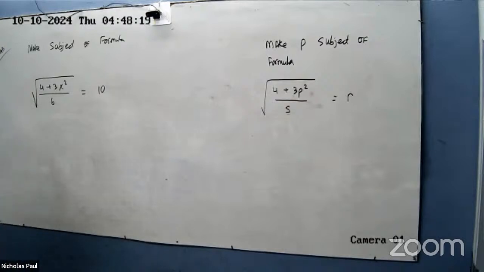Take your time, go through all the steps one by one, see what you're getting. If you're getting it wrong, do not use the shortcut method. Use this long method.